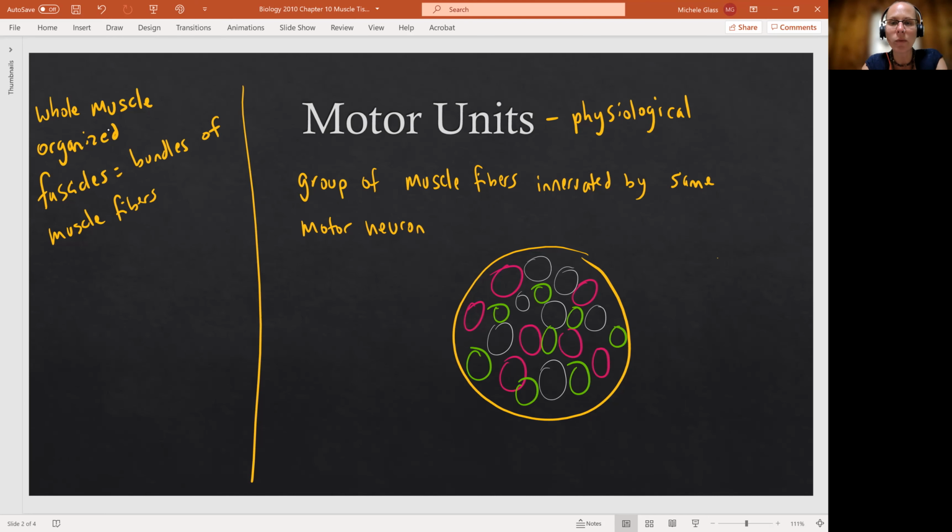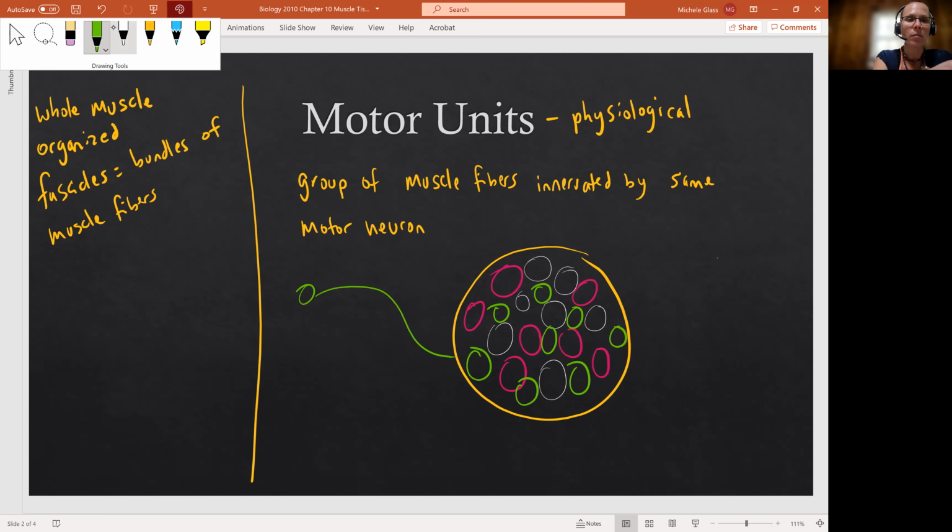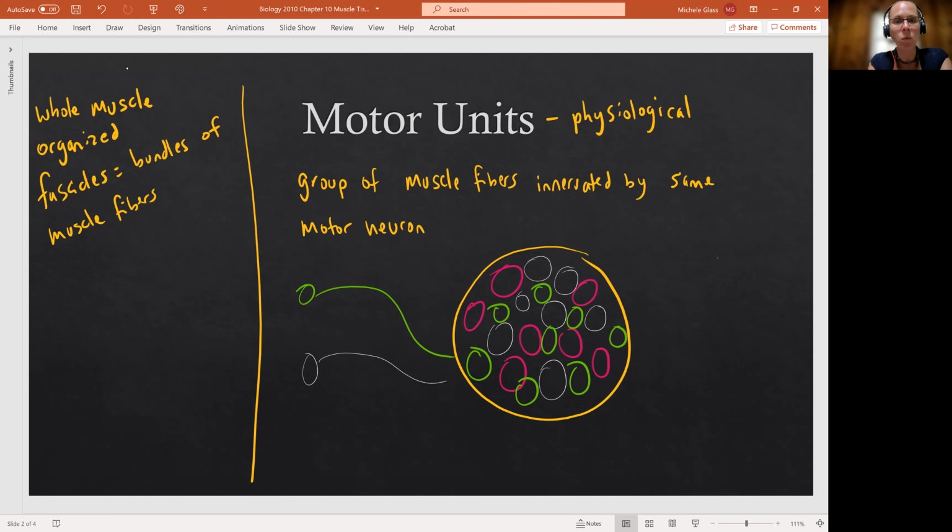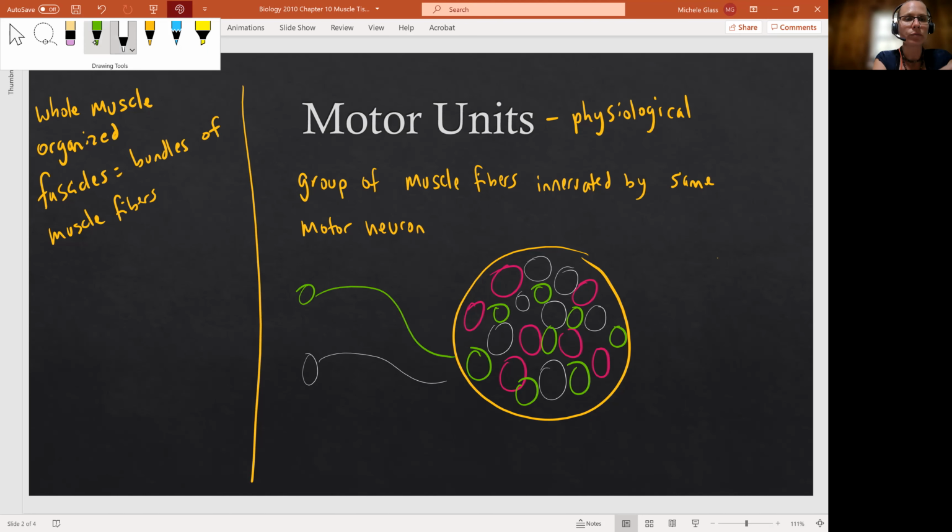So the idea here would be, in this fascicle, that maybe I have the green motor neuron synapsing to all the green muscle fibers. Maybe I have the white motor neuron synapsing onto all my white muscle fibers.